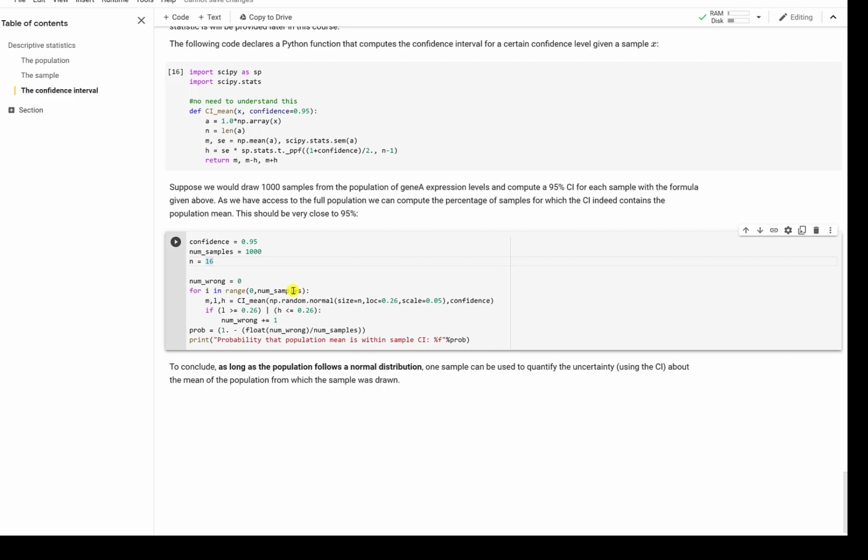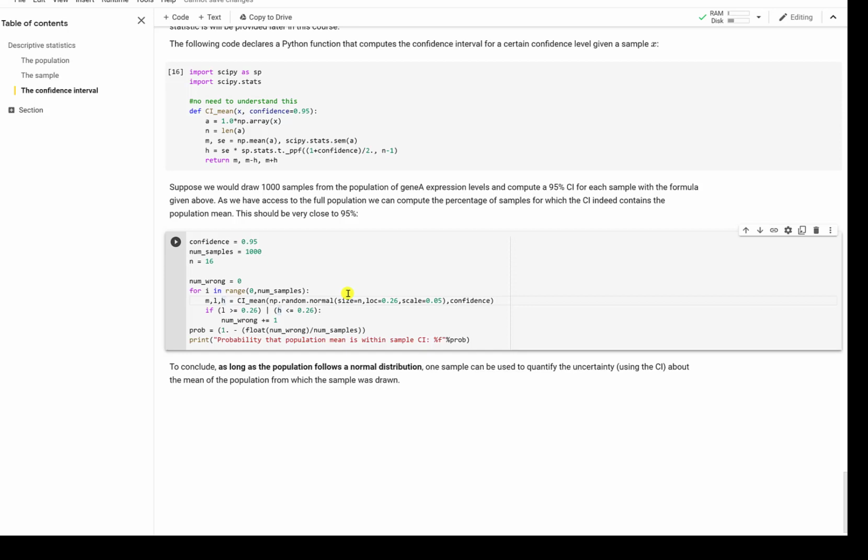And so what we're going to do for each of those samples, that's what I'm showing you here, is compute the confidence interval. That's this function that I defined here. It will return the middle point, so the mean, and then the lower and the upper limits of the confidence interval. And then I'm going to check whether this confidence interval contains the actual true mean, because we know the true mean again is 0.26.